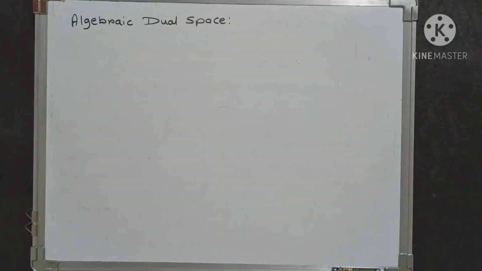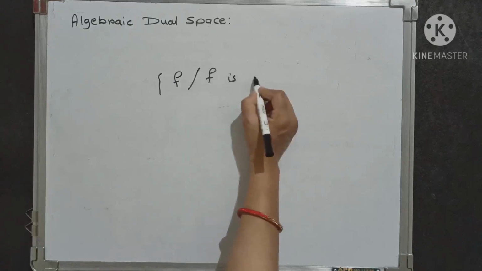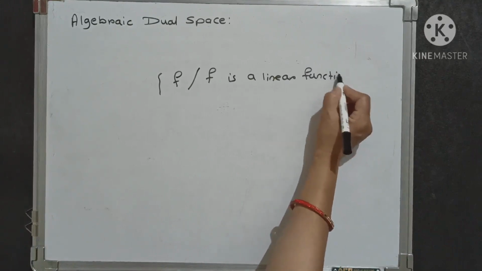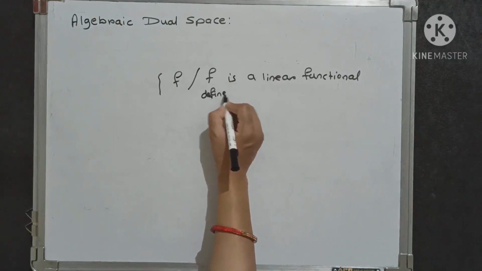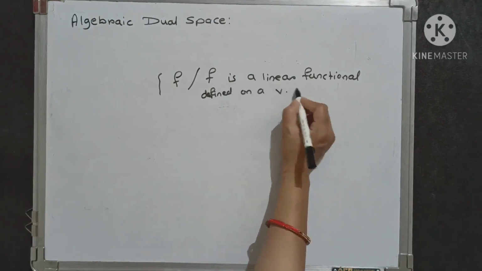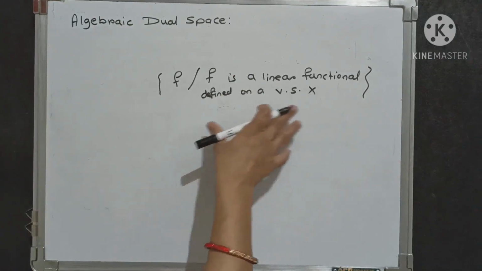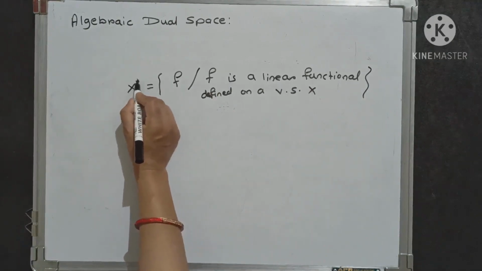As we defined the linear functionals on a vector space capital X, now we consider the set of all linear functionals defined on a vector space capital X. That means we consider the set of all f such that f is a linear functional defined on a vector space capital X. We collect all the linear functionals defined on X and give it the name X star.